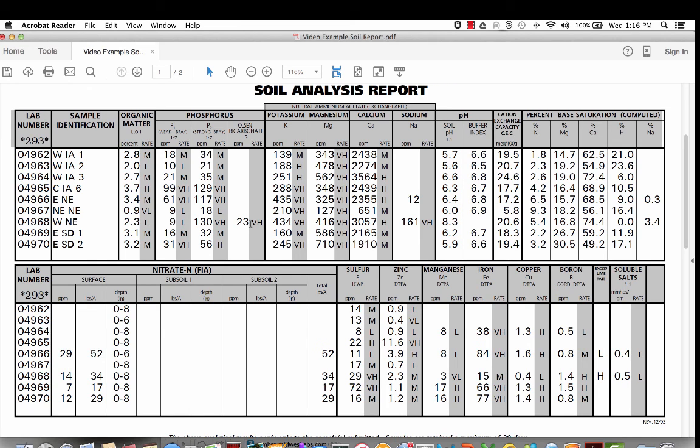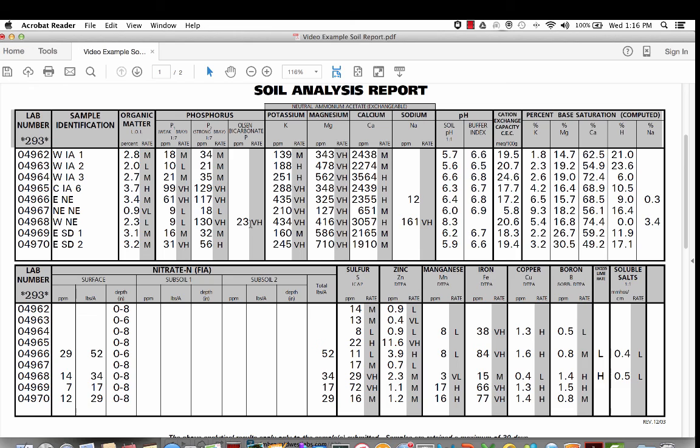When you compare the Olson to the P1 Bray, there's a difference in scale. In a P1 Bray, a medium soil might be considered somewhere between 18 and 27 parts per million, whereas in an Olson, a medium might be more like 8 to 17 parts per million. We run a multiplier of about 1.4.